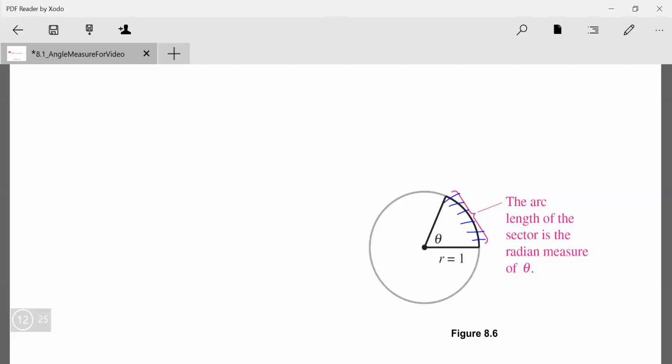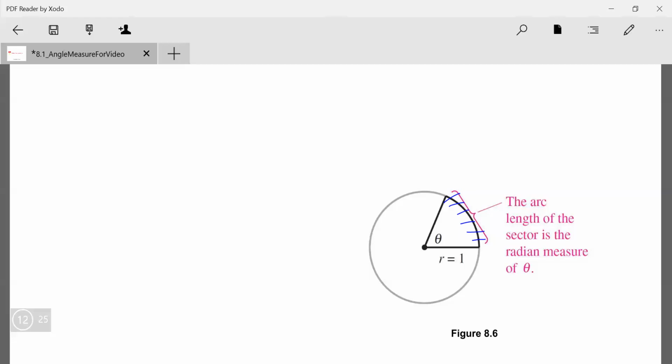In other words, if theta is bigger, then the arc length is longer. So people just say, why don't we use the length of this arc as another way to measure the angle?